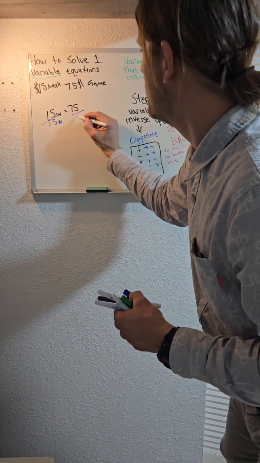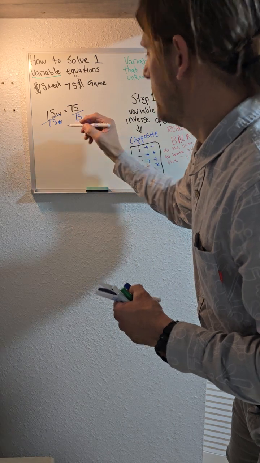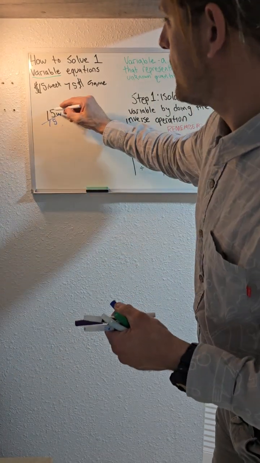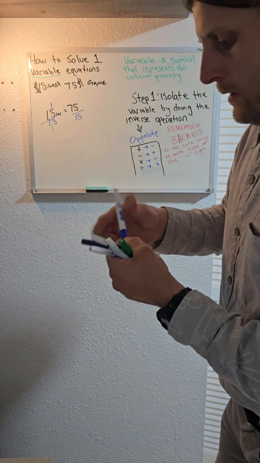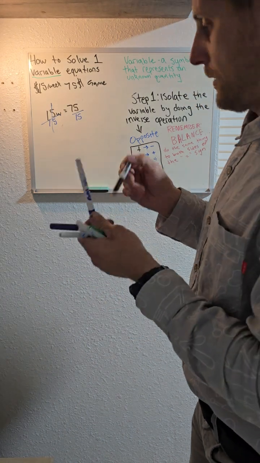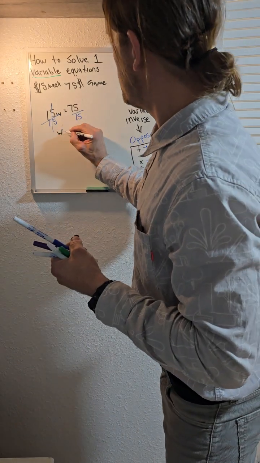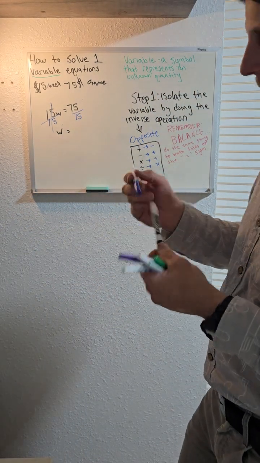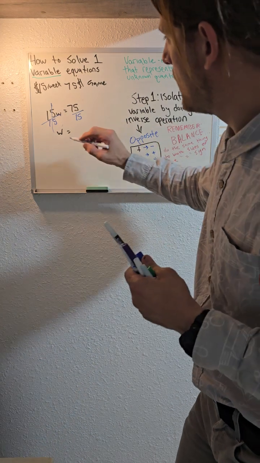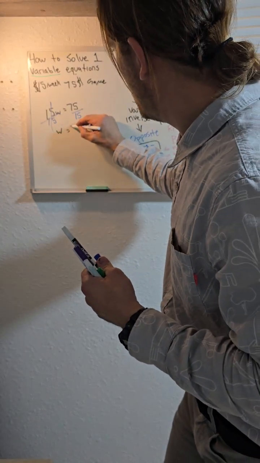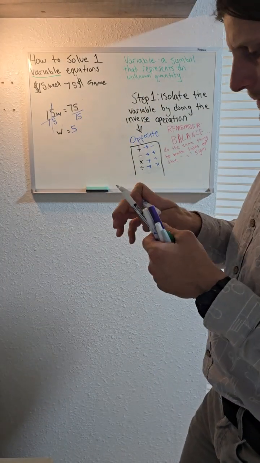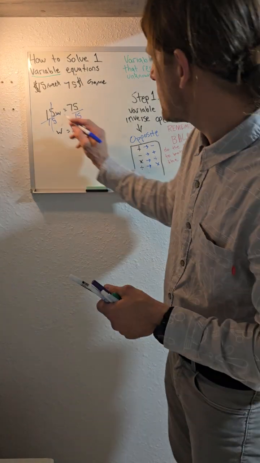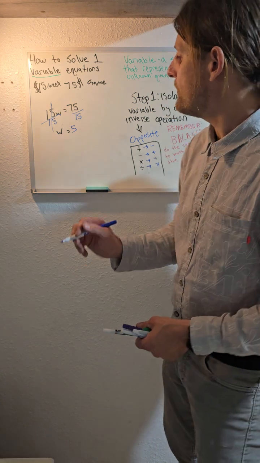Well, our 15s cancel. We drop a W. 75 divided by 15 is equal to 5. Yep. And we can use substitution to check the work to make sure that it would take us 5 weeks.